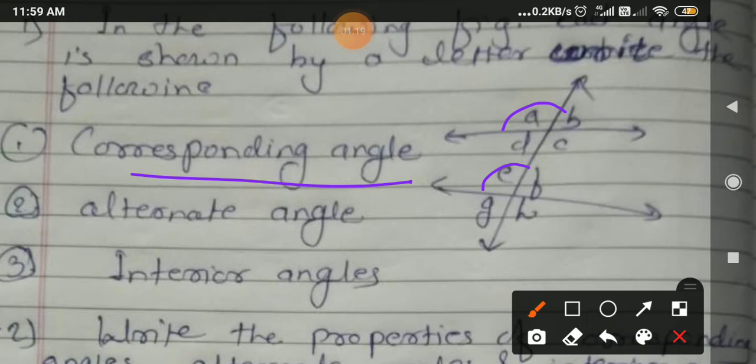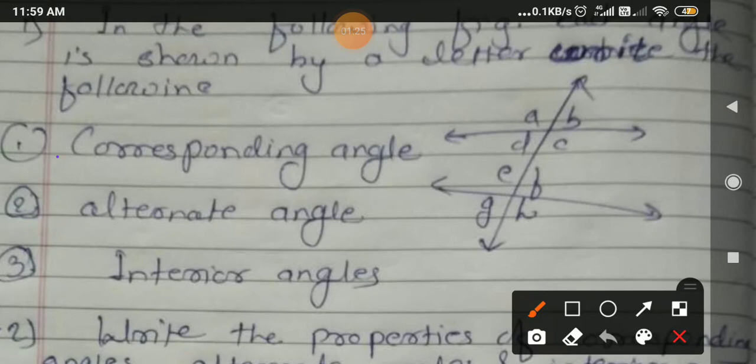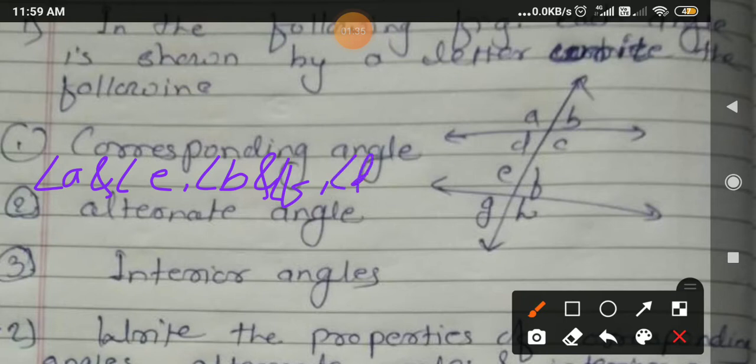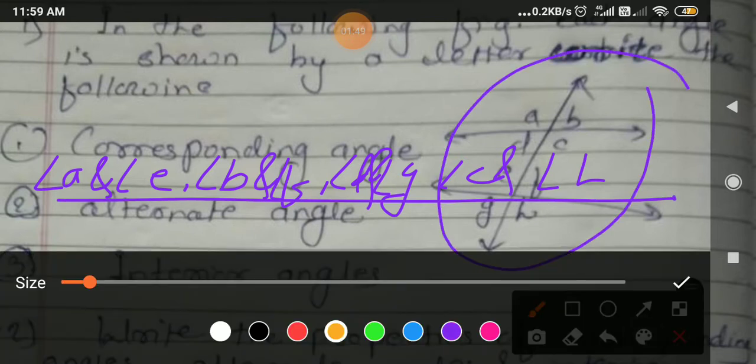So the corresponding angles are angle A and angle E, the first pair; angle B and angle F, the second pair; angle D and angle G, the third pair; and the fourth pair is angle C and angle H. These are the pairs of corresponding angles present in this figure.